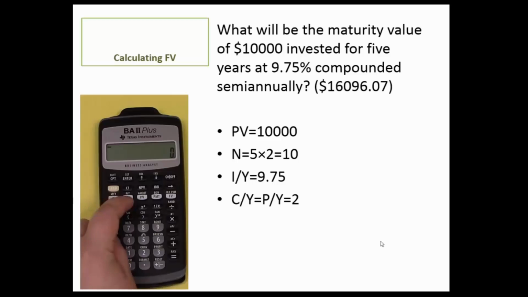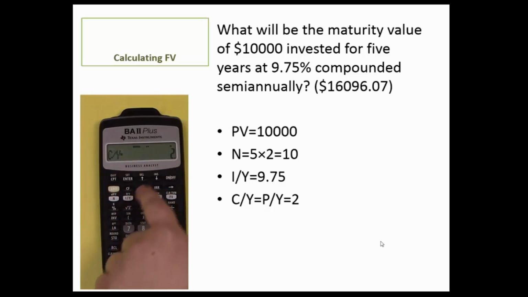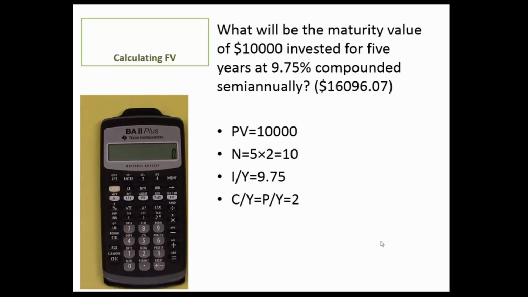And then enter second, IY and payment per year, and compounding per year. They are both 2. Now enter second, quit. Payment equals 0, then press compute, future value.